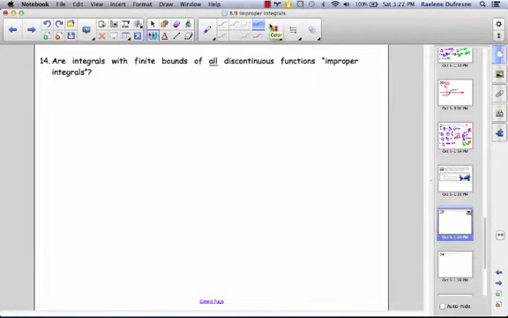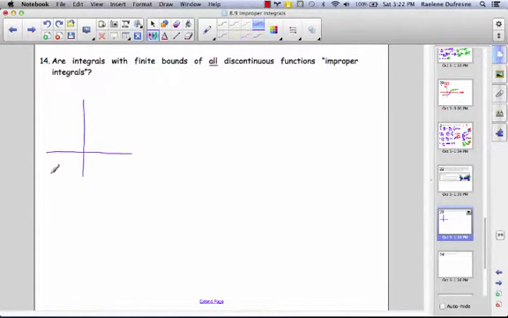If a function is continuous on a closed domain, then the definite integral of that function on that domain definitely does exist. In other words, there's a finite amount of accumulation or definite integral for all continuous functions on a closed finite domain.